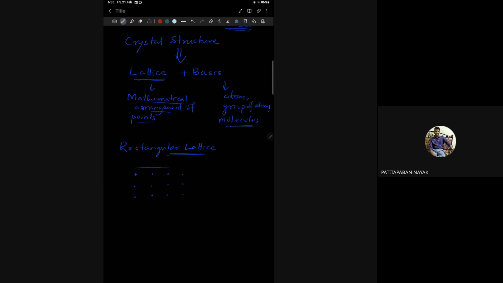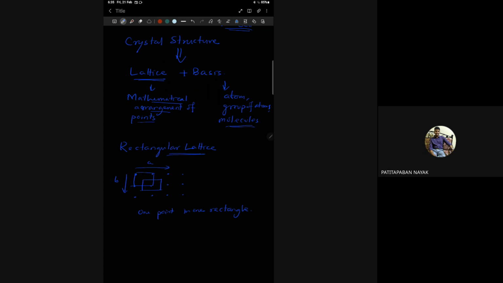Along this direction, the separation is a, and along this direction, the separation is b. In one rectangle, 4 points make one rectangle, and each point is shared by 4 rectangles, so there is one point in one rectangle.